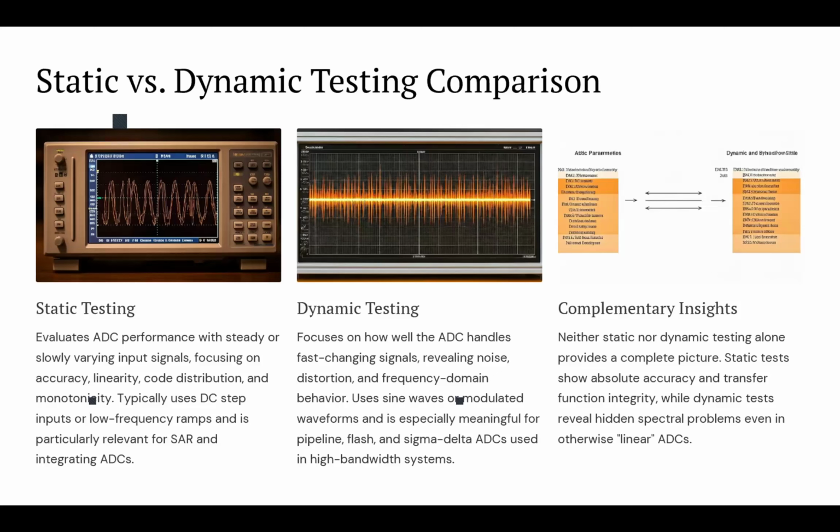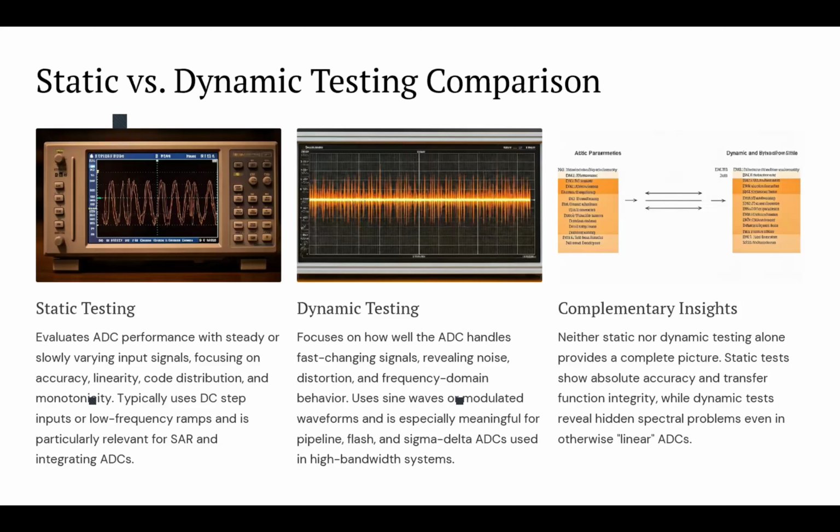These parameters show how accurate the transfer function is and how linear it behaves. When we talk about, for example, the SAR architecture or dual slope, this static testing is particularly meaningful, because it shows the precision when we use slow speed applications.